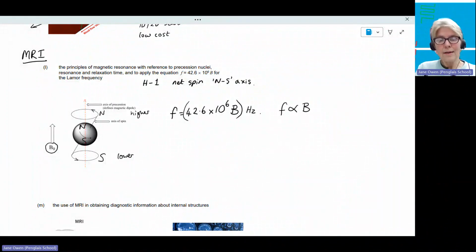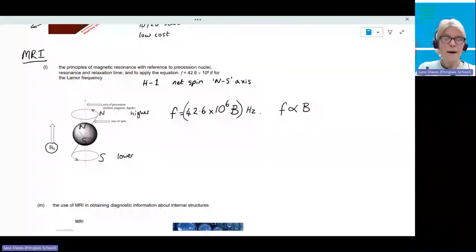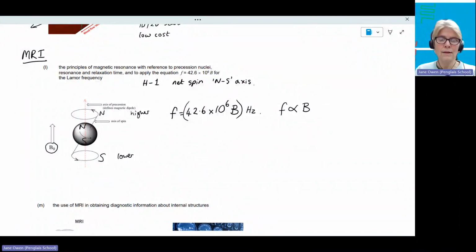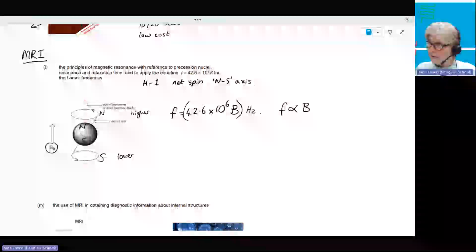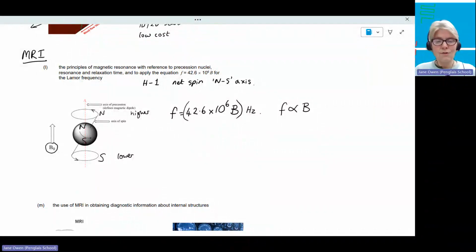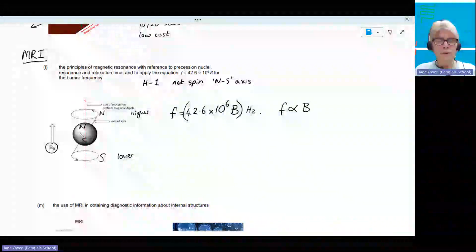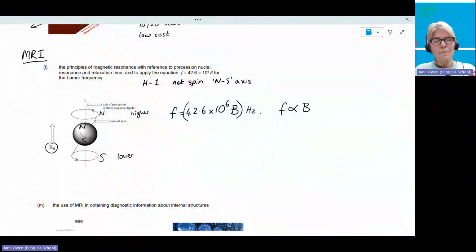But the times of relaxation back down are different for hydrogen bound in different mediums. This is called the characteristic time, and this is what the machine is doing. It's picking up that radio frequency when it relaxes back down, but it's measuring the time it takes to come back.